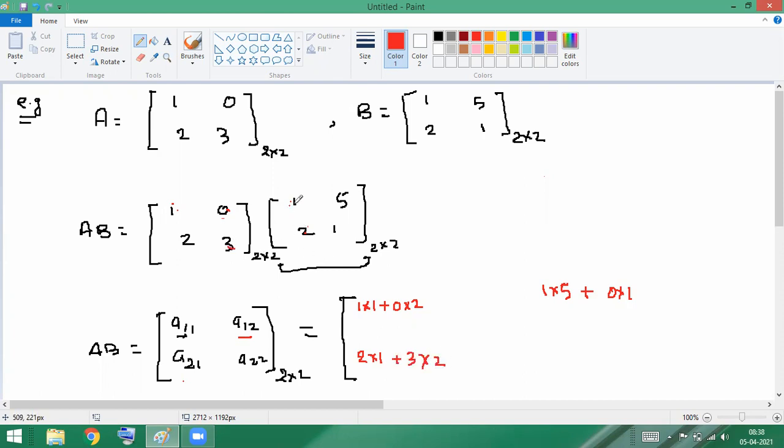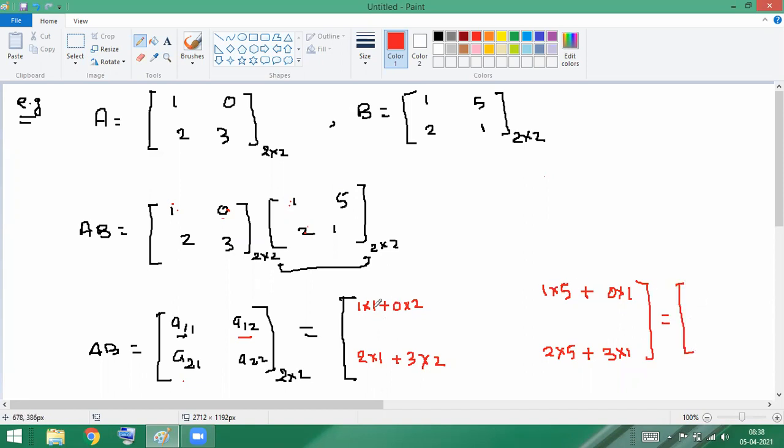Now after that, second row, second column. Guys, second row, second column, tell me how will we find it? So this into this, the second row, second column: 2 into 5 plus, अभी और भी element है second row में, यस, ये दूसरे से multiply हो जाएगा, 3 cross 1. Now, if you solve this, we'll get the final answer.